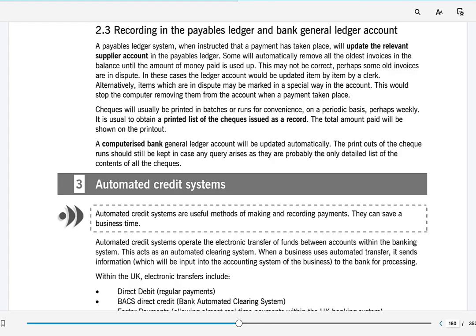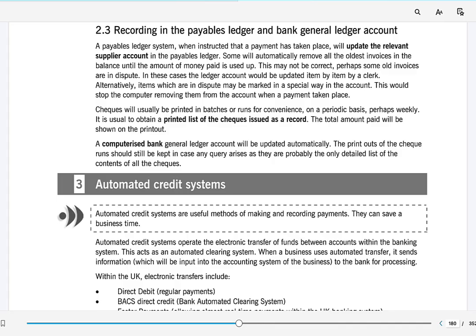This automatic allocation might not always be correct, so the accounts clerk must check and correct the invoice matching when needed. 4. The bank general ledger account is updated automatically. 5. Trade payables in the general ledger is updated automatically as well. 6. The system may print a list of checks issued and keep it as a record for control and future checking. That is lesson 2.3.